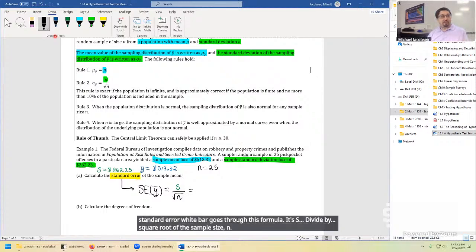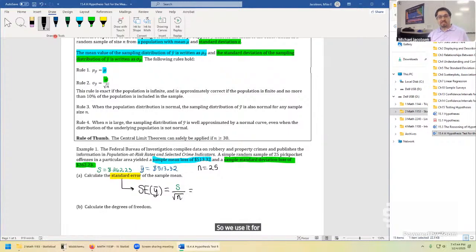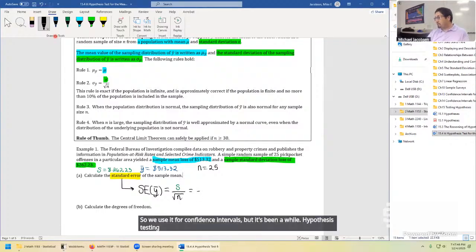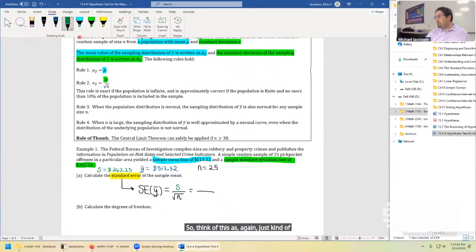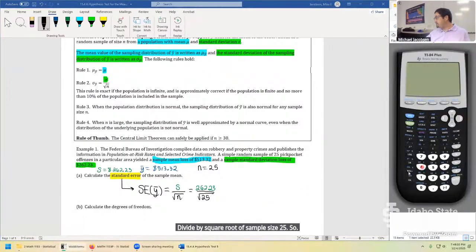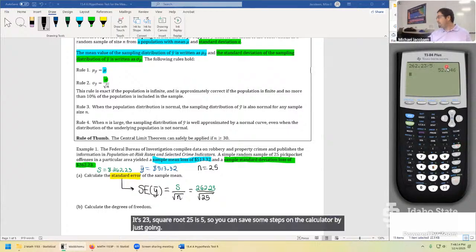So we use it for confidence intervals, but it's been a while. Hypothesis testing has a way of scrambling your brain a little bit, so think of this as a review problem. We put in the value for S, 262.23, divided by the square root of the sample size, 25. The square root of 25 is 5, so you can save some steps on the calculator by just dividing by 5.